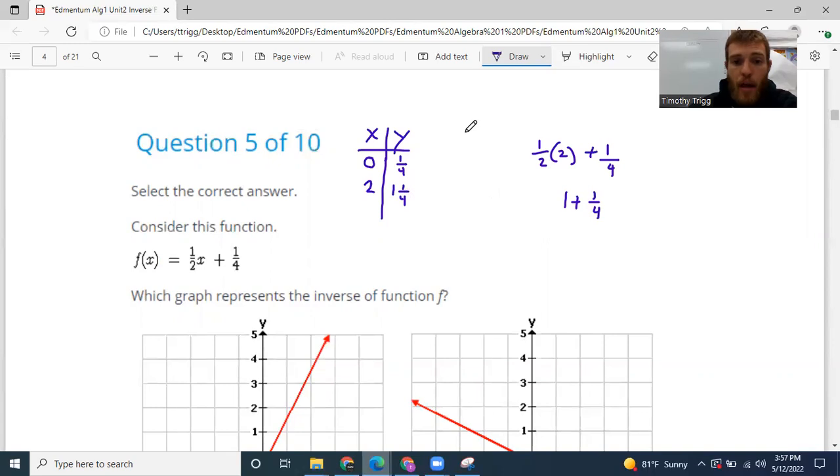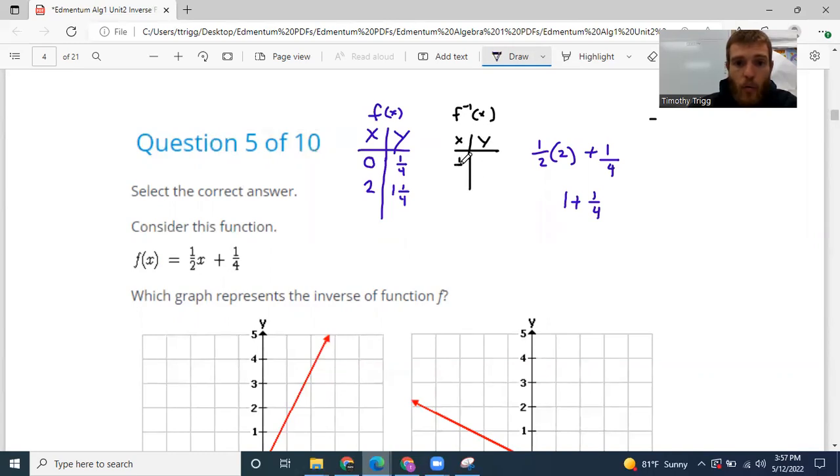So that's for f of X. What about for our inverse function, F inverse of X? Well, the X and Y coordinates are going to be flipped.